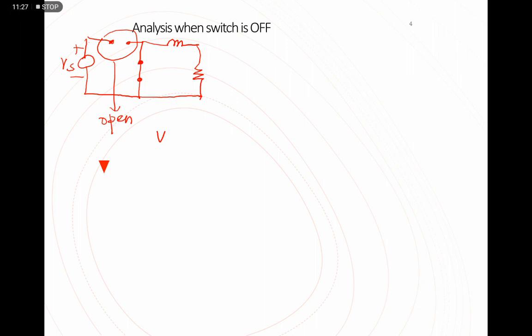So you can get rid of this part and redraw it. It will become like this: your diode, your inductor and your load over here.